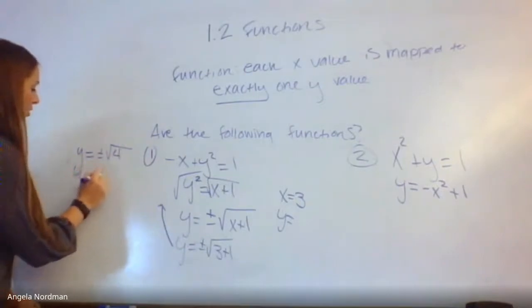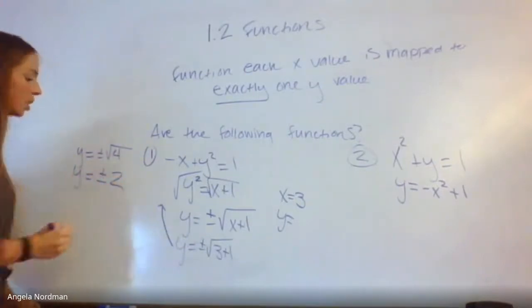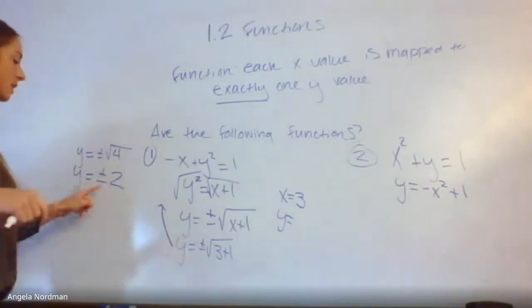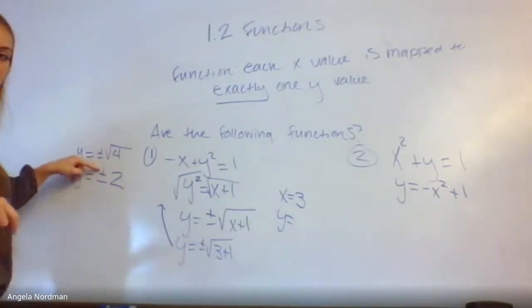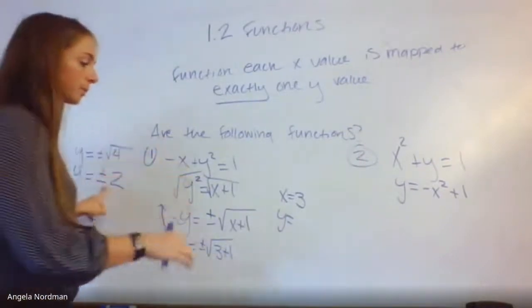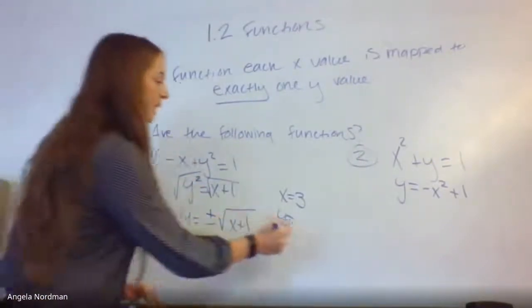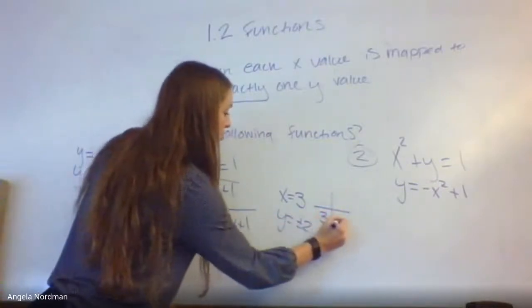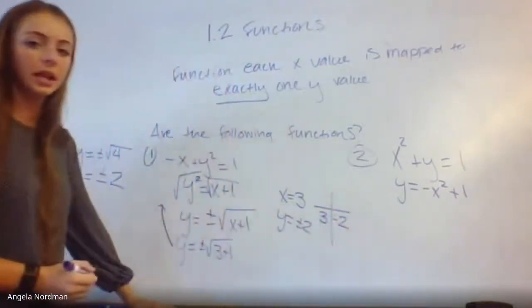Now I'm getting y equals plus or minus 2. What do we know about plus or minuses? Basically, that's saying that we have to take the positive version of 2 and the negative version. So I would have an xy table saying that when x equals 3, y equals negative 2.